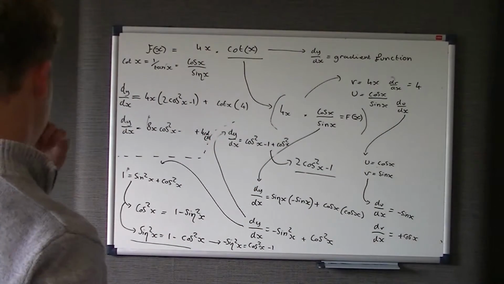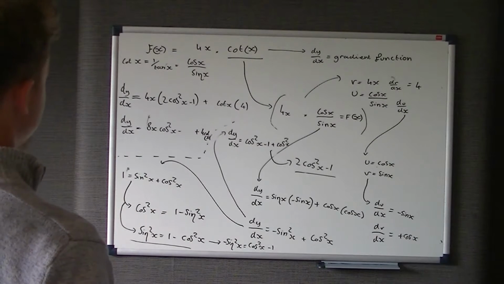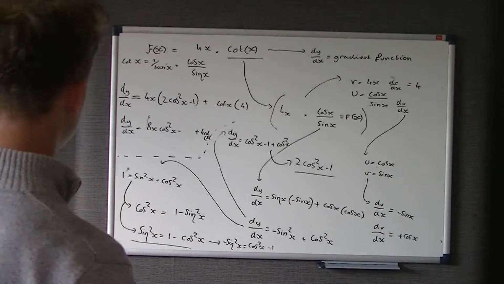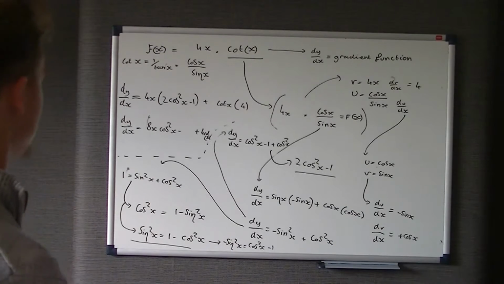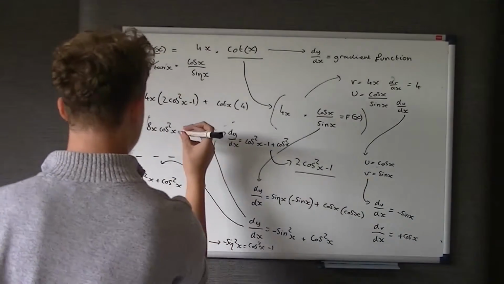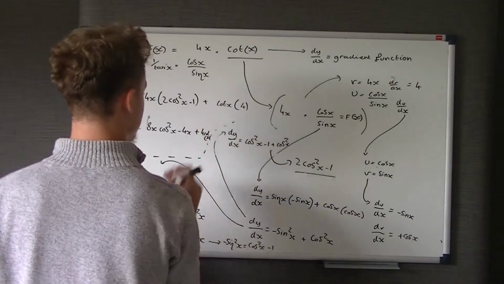So we've got here for the derivative, 4x times 2 cos squared x, take 1. We should multiply the 4x by the minus 1, so that gets us minus 4x as well.